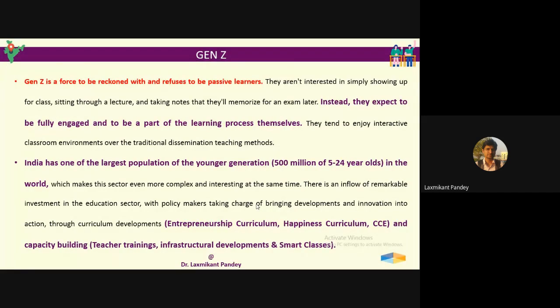So evaluation methods need to be refined, and some new methods for evaluation also need to be created by the educators for the students. That is very important. That is also very important. Next one.